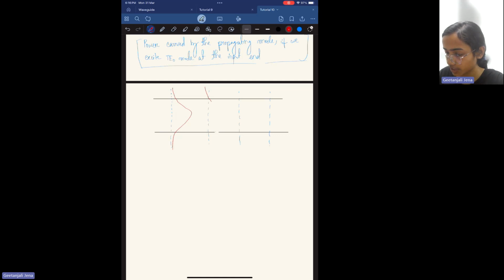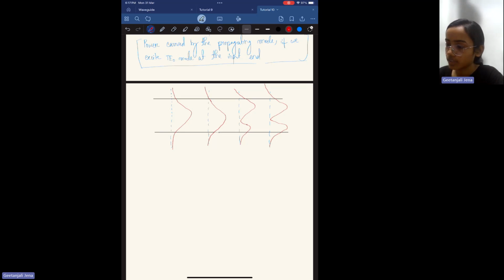This field profile will change. Gradually the T1 mode will come into the picture, and after some distance we'll see that most of the input power will be coupled to the T1 mode.